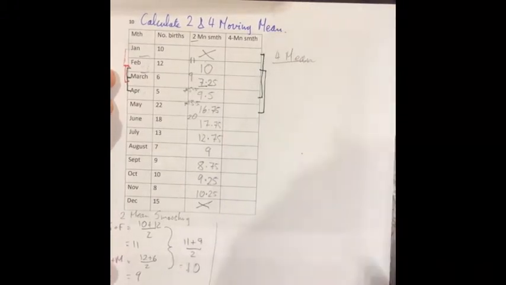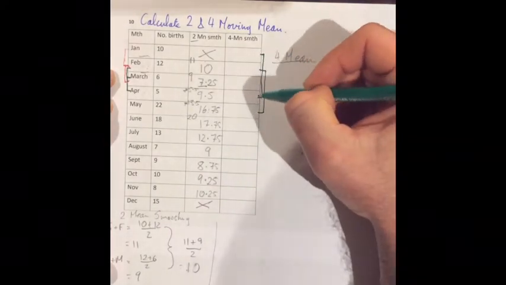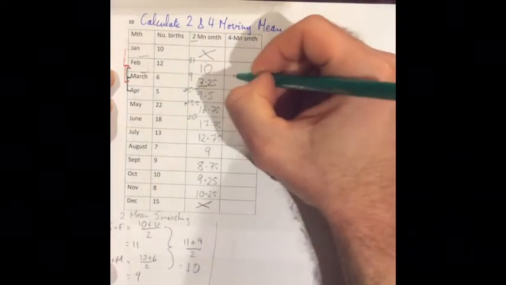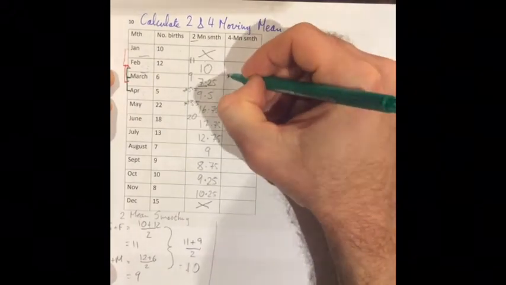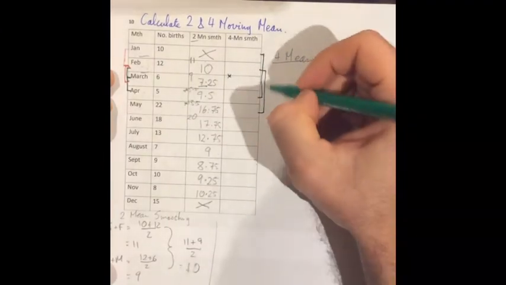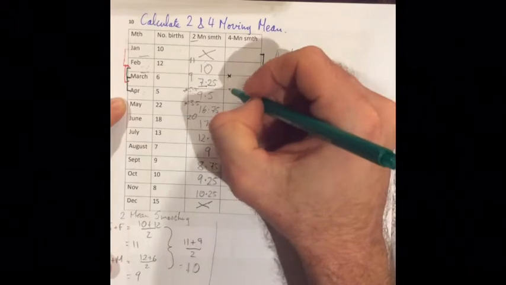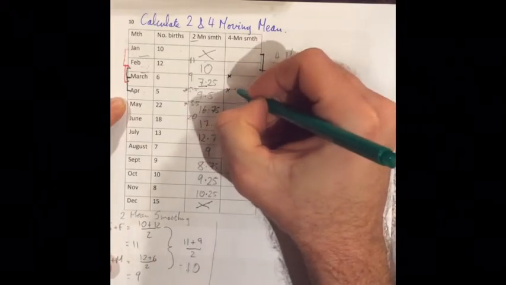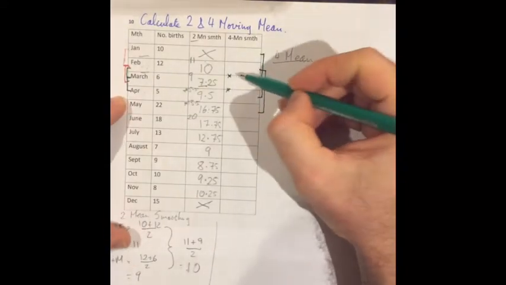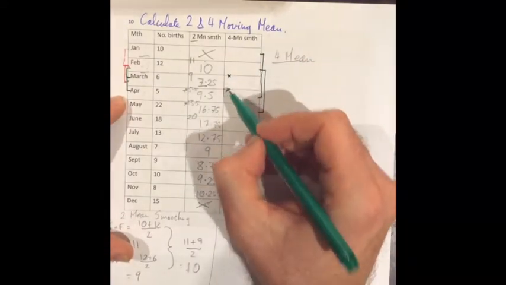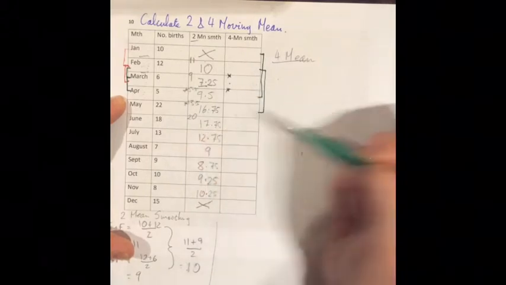For the January to April points, we get a value that sits between February and March. For the February to May points, we get a data point that sits between March and April. Once you've got these two, we average them to get a mean value that sits on March.